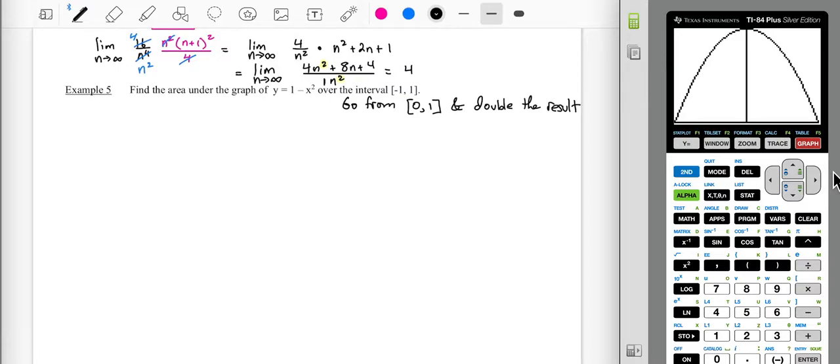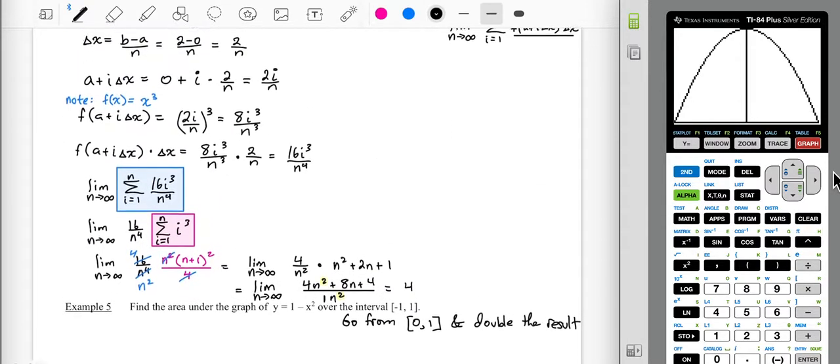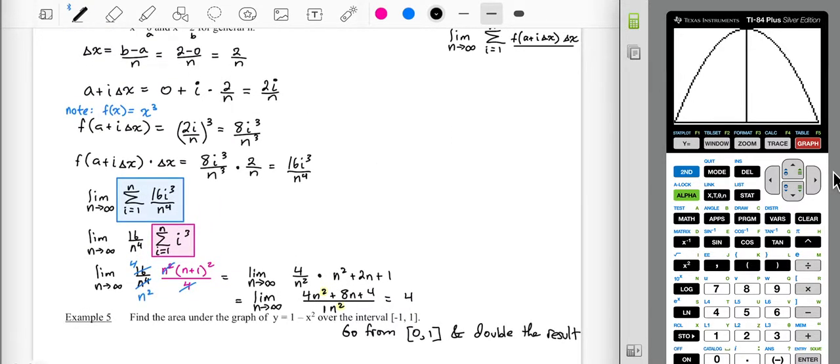The reason why is, just kind of reflect back on number 4. This wasn't that bad, but can you imagine how much more complicated it would have been to cube this expression if this were a binomial, as in a value not being equal to 0? Probably a lot more complicated. So we want to stay away from that.